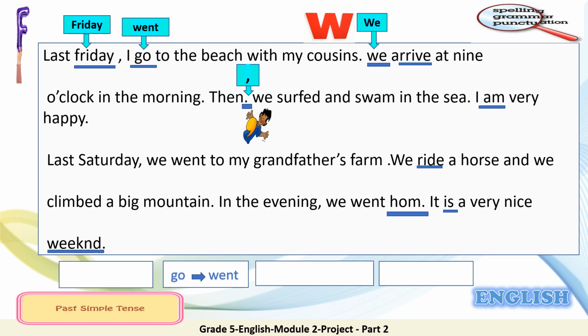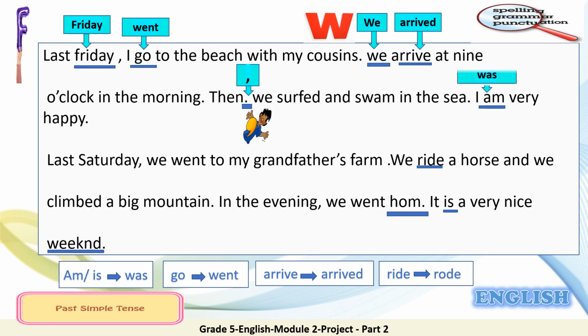What are the other verbs that must be in the past? Great. The verb arrive must be arrived. The verb to be am must be was. The verb ride must be rode.